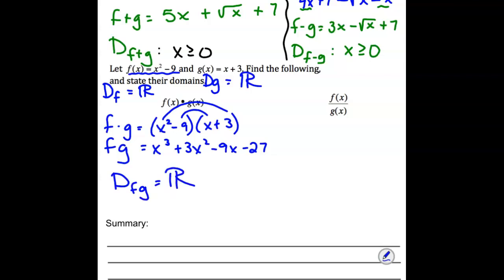All right, and then for our division, taking those same functions, f divided by g. Our function f is x squared minus 9. Function g is x plus 3. Now we have some simplifying that we can do on this one, and we have a domain restriction. Because of this denominator, we cannot let it be equal to 0.